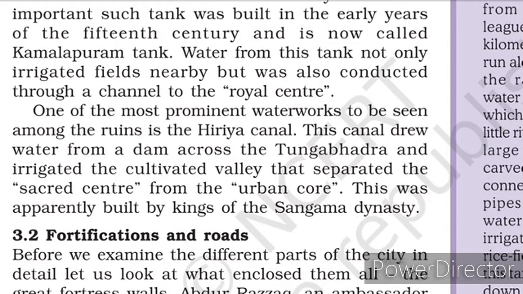But from the structure that was found, they can study that this canal drew water from a dam across the Tungabhadra and irrigated the cultivated valley. This canal separates the sacred center from the urban core. It was built by the Sangama dynasty.